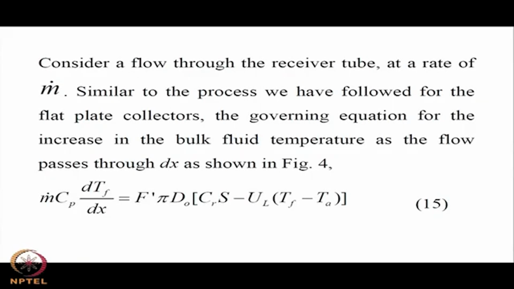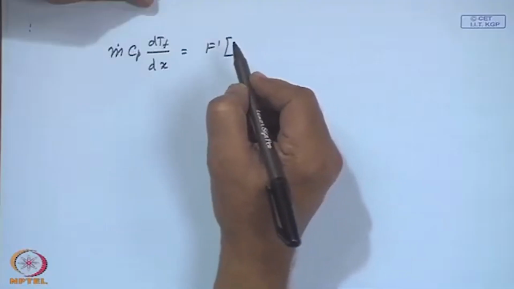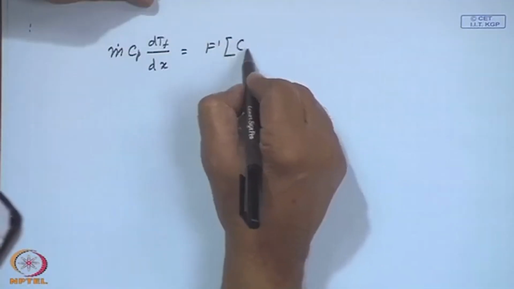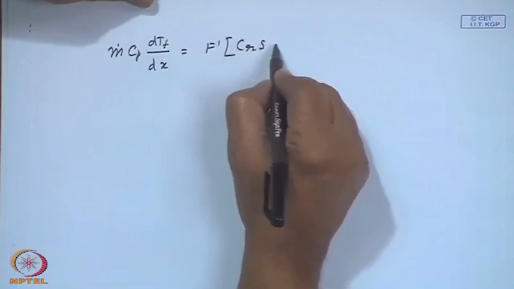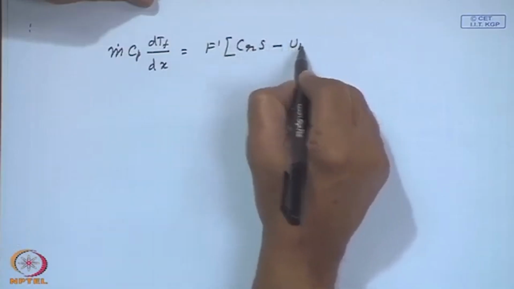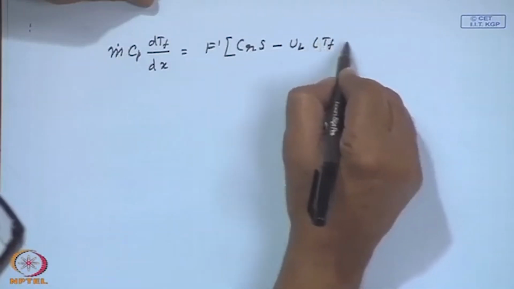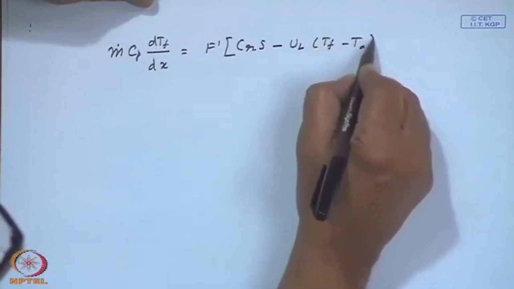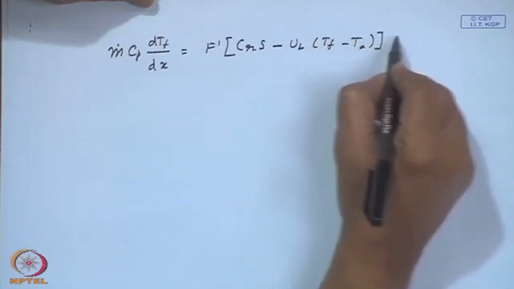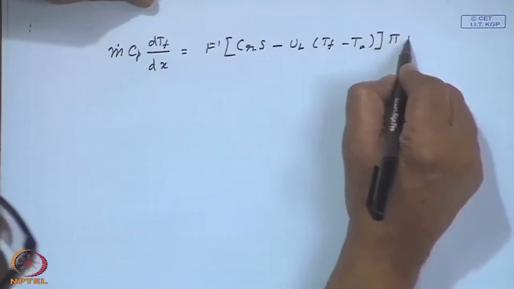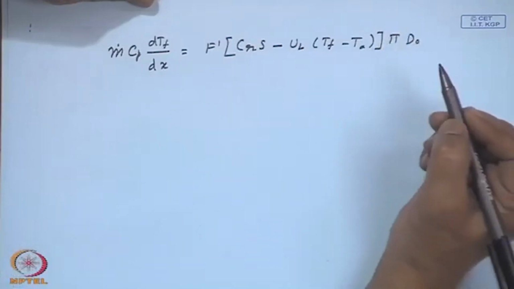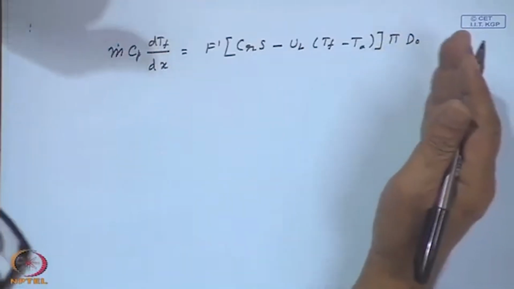This should be equal to F dash, the collector efficiency factor, into concentration ratio times the absorbed energy minus UL into Tf, the fluid temperature, times your area, which is pi d naught per unit length.